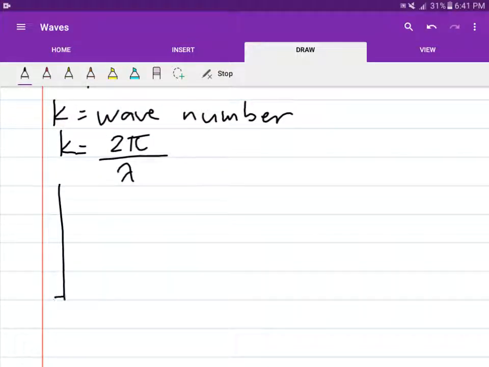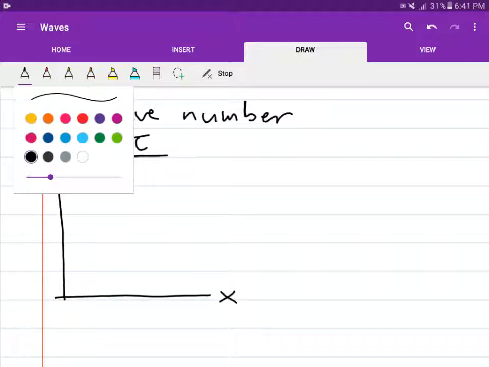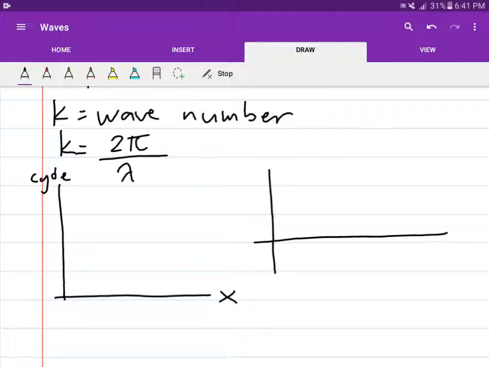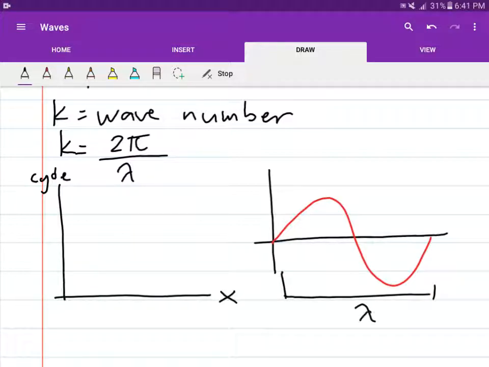So let's have a graph here of position versus cycle. So when we have one whole wavelength, so this is one whole wavelength here.